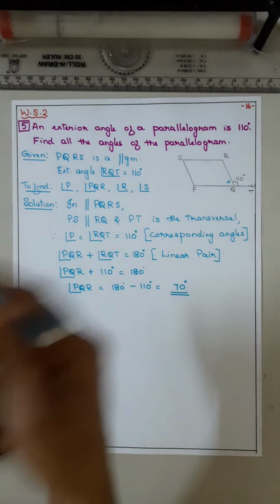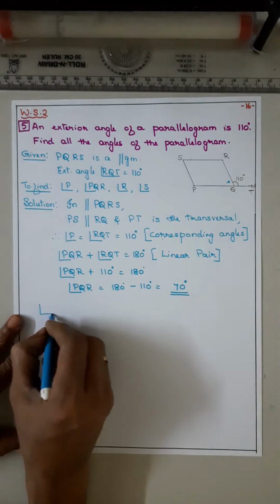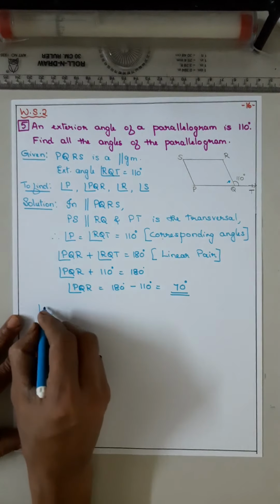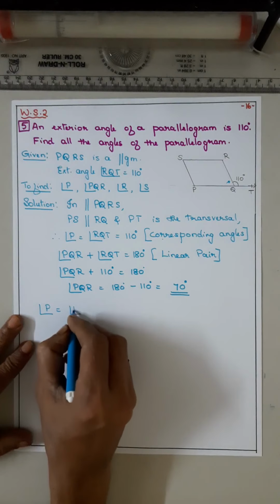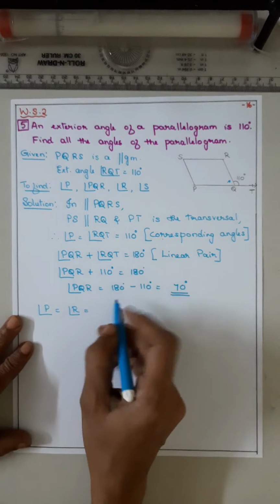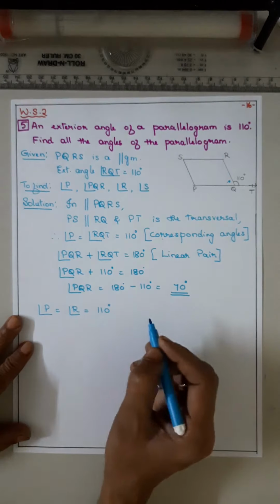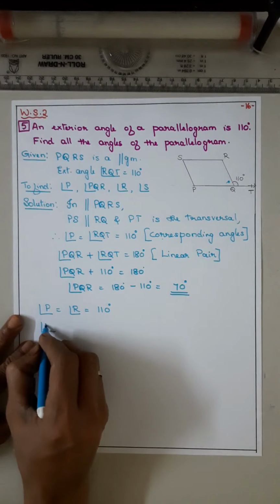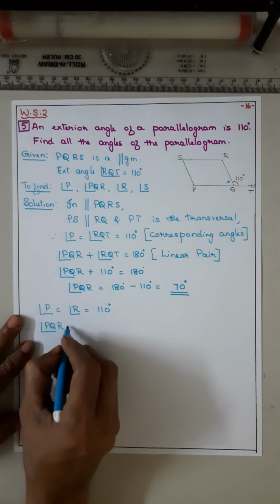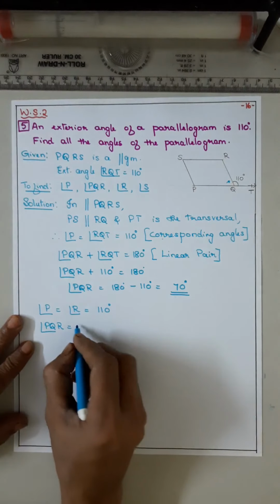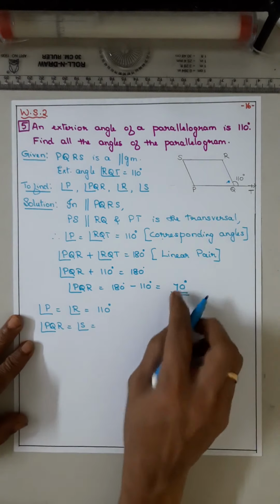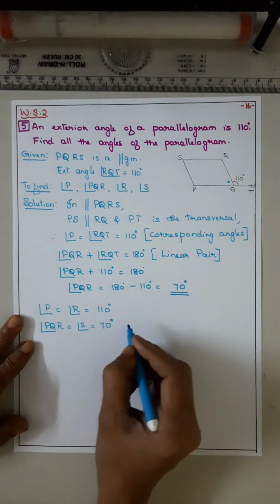Now, like the earlier sum, angle P is equal to angle R is equal to 110 degrees and angle PQR, that is Q, is equal to angle S is equal to 70 degrees.